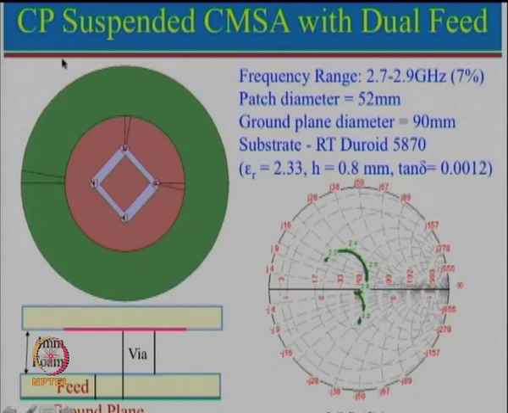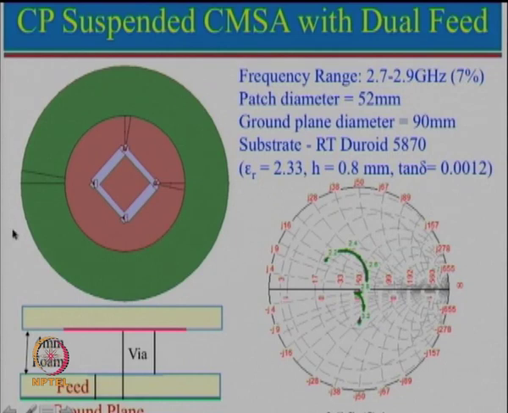Now what is this configuration here? This configuration actually is a circularly polarized suspended circular microstrip antenna with dual feed. So what we have done here, the entire green which is here, that is down here also, that is acting as a ground plane.